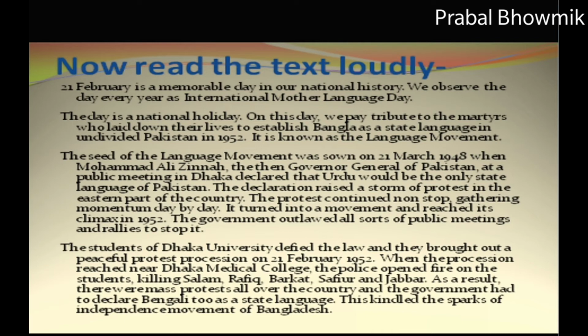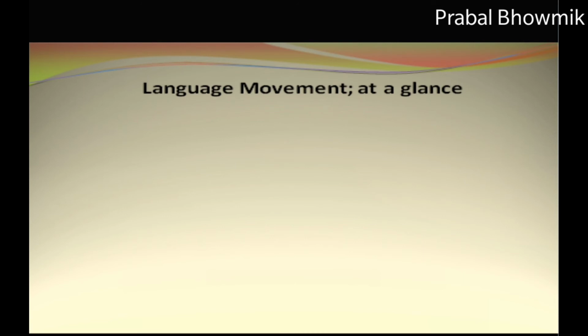As a result, there were mass protests all over the country and the government had to declare Bengali too as a state language. This kindled the spark of independence movement of Bangladesh. I think you can understand the text.